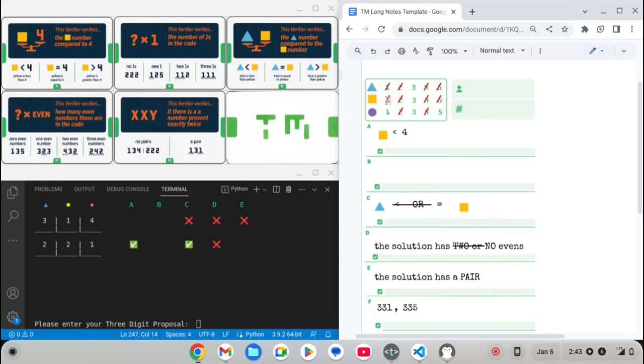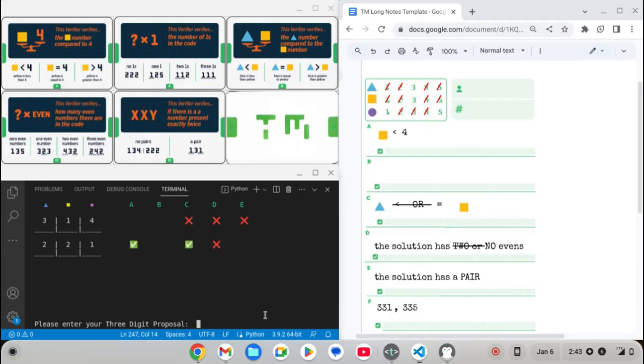And I don't think you're going to have 3 3s. You couldn't have 3 3s because that would be a no pair scenario. So you can't have circle be 3. So it's either going to be a 1 or a 5 in circle.